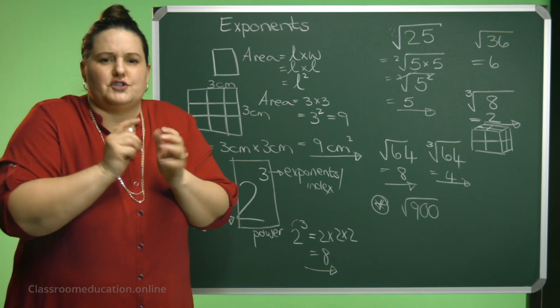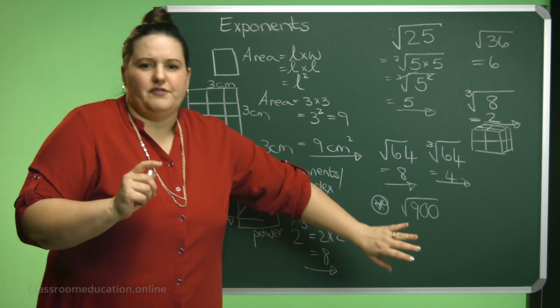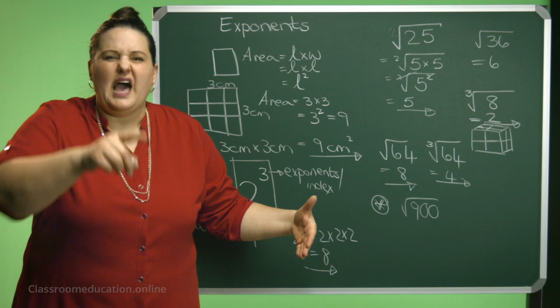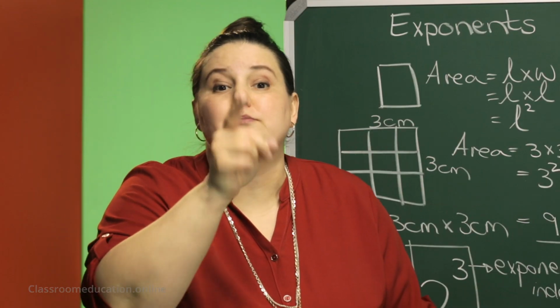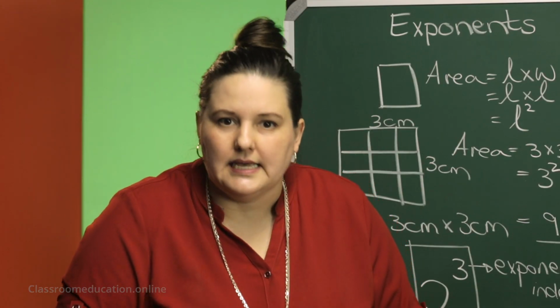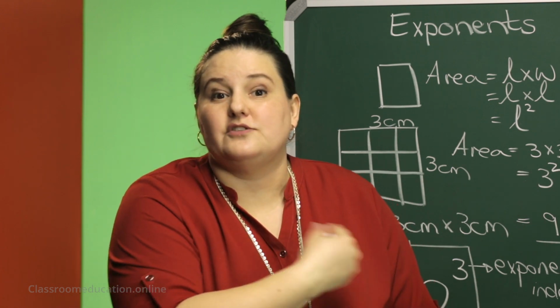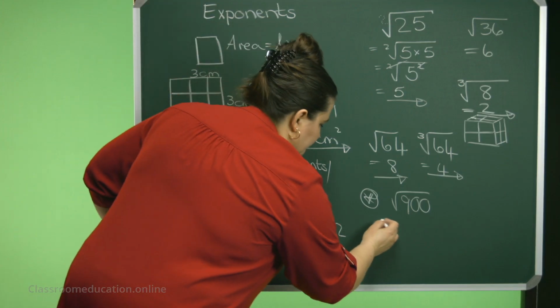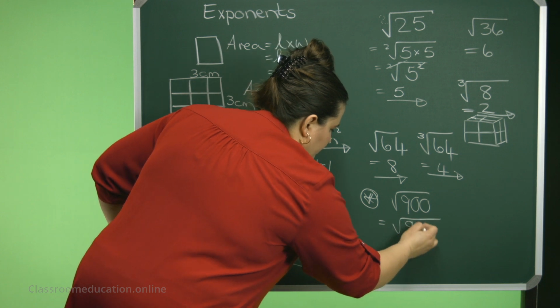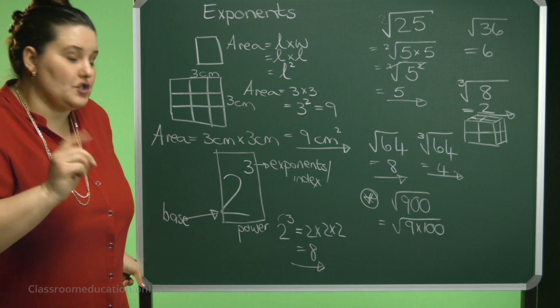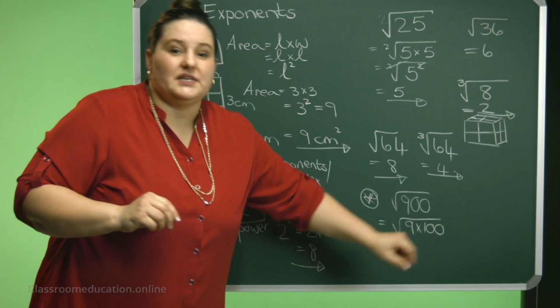I want to first know, can we get maybe 2 values that I multiply to get 900? How about 9 times 100? Yes, I can multiply that to give me an answer of 900. Let's write it down. And it's still underneath the square root. So I have 9 times 100.